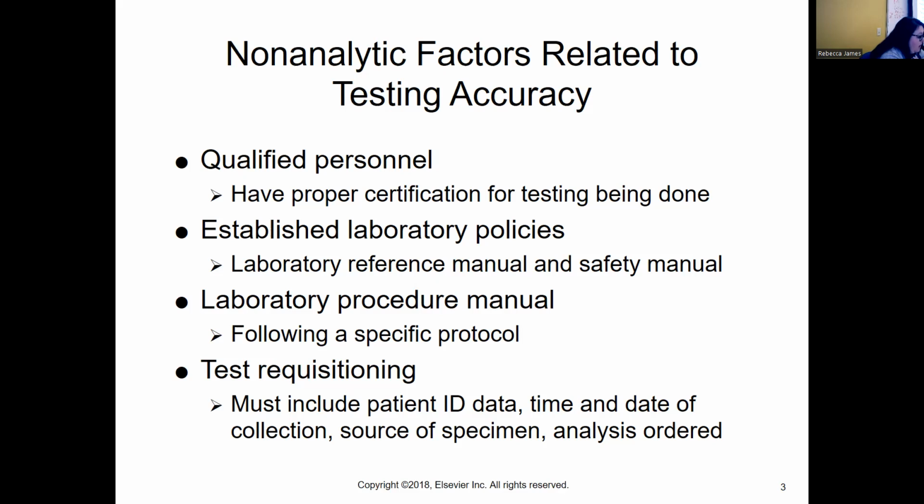So laboratory policies should be included in a laboratory reference manual that is available to all hospital personnel. Each laboratory must have an up-to-date safety manual. And who says that we need to have safe and helpful working conditions? OSHA. That's the last little sentence talking about OSHA.